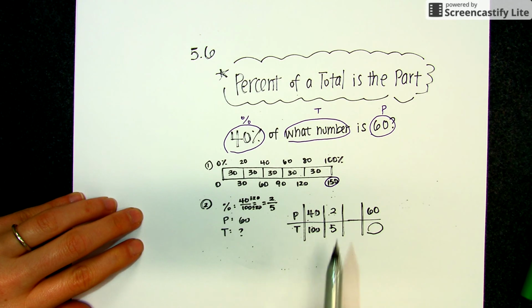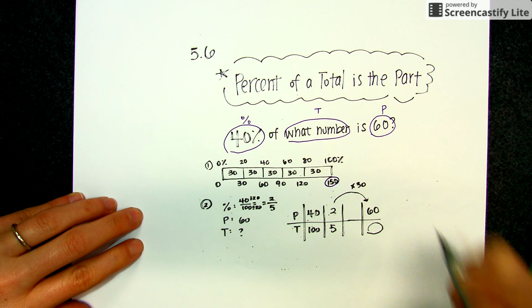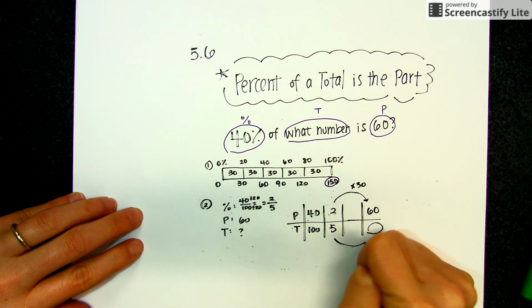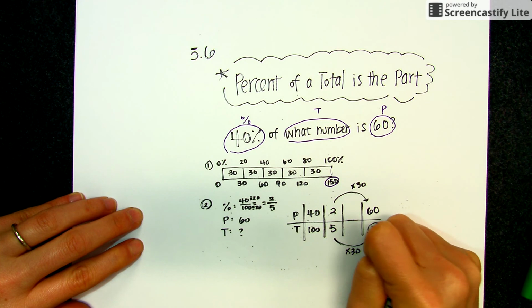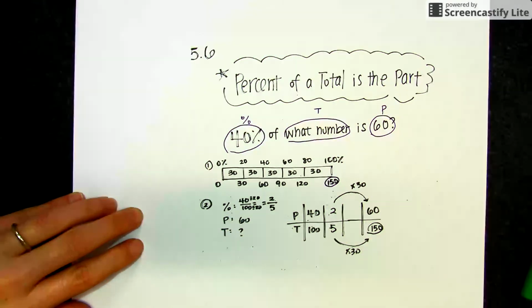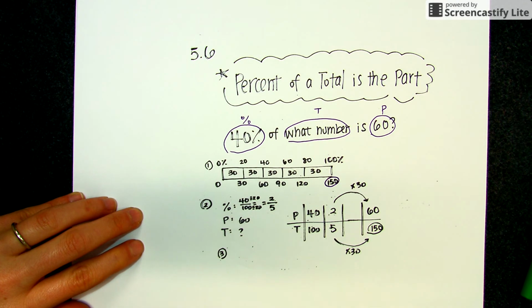Here's the reason why I simplified: can 40 go into 60 easily? It's going to be a fraction or a decimal. But in simplest form, 2 can go into 60 easily, so I don't even need the middle column. 2 becomes 60 by multiplying by 30. Whatever I do at the top, I do at the bottom. So 5 times 30 is 150. Same answer, different method.